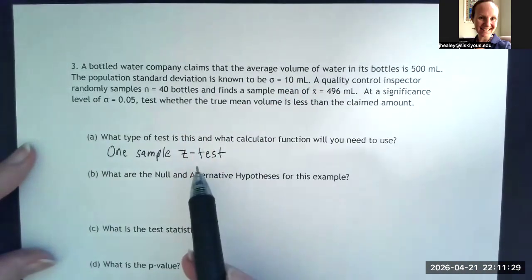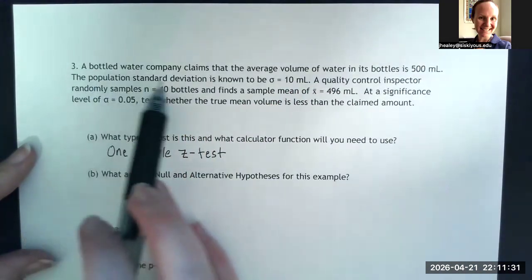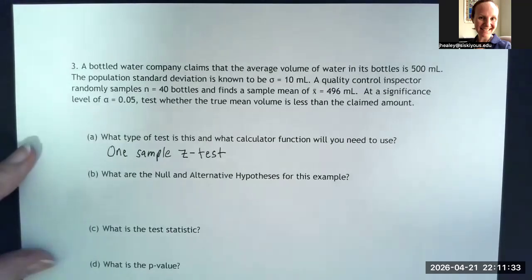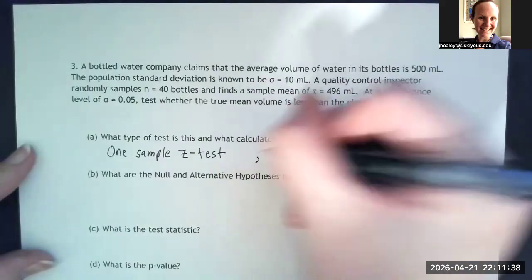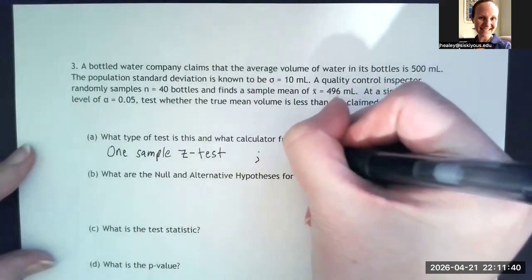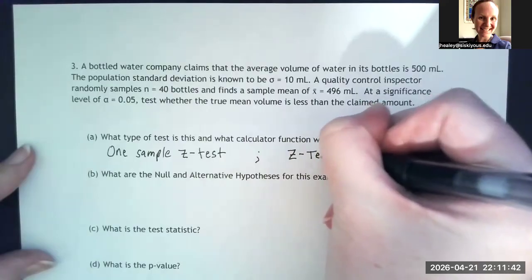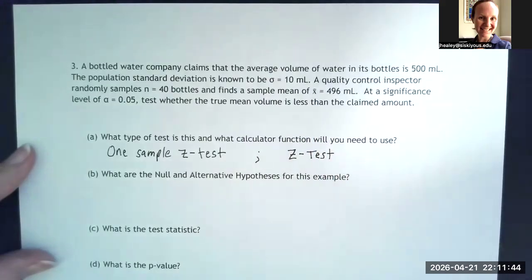And again, it's a Z-test because they told us the population standard deviation, which is very unusual. When we go to do this in the calculator, the test that you're looking for is just the Z-test, which is going to be the very top when we go into the calculator test.